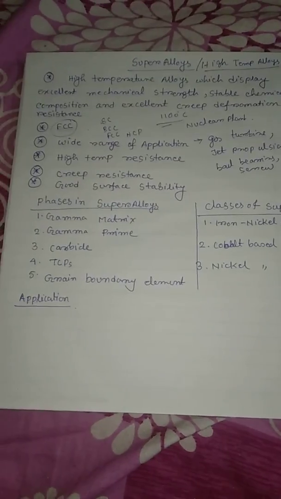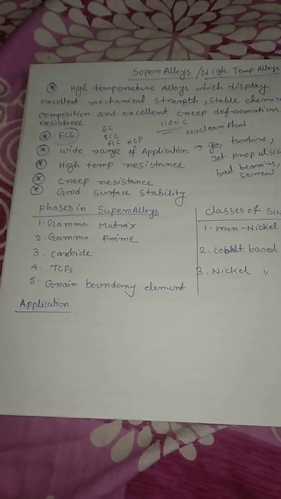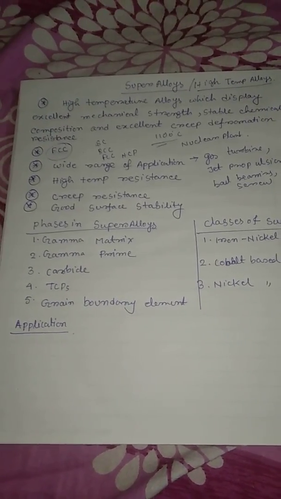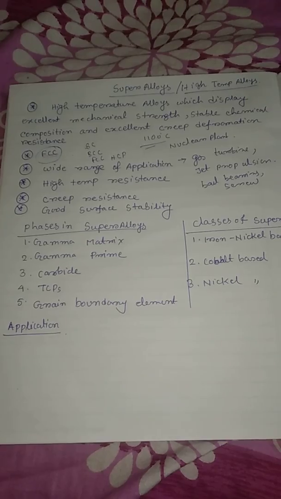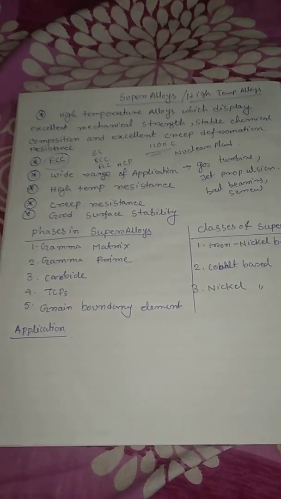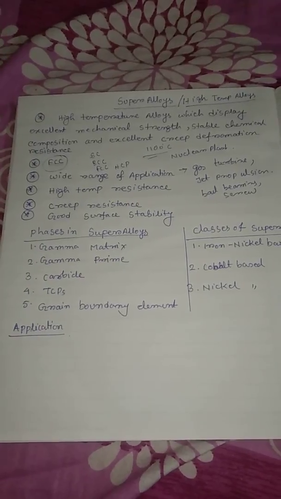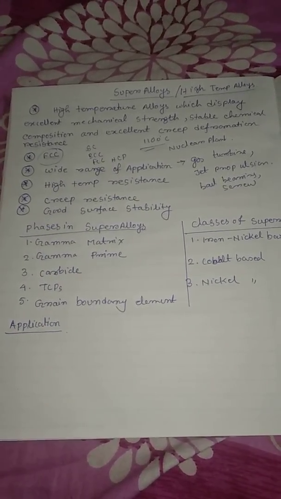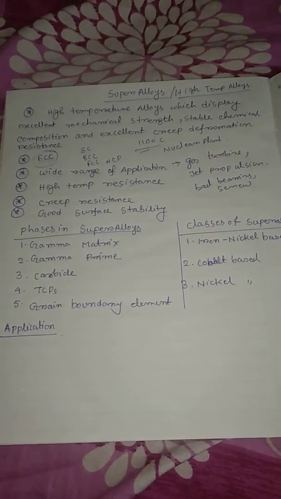Now the main property is creep resistance, and one more property is good surface stability. Good surface stability is also its main property in the case of superalloys. Now what are the phases present in a superalloy? The phases are basically gamma matrix, gamma prime, carbide, TCPs, and grain boundary elements.